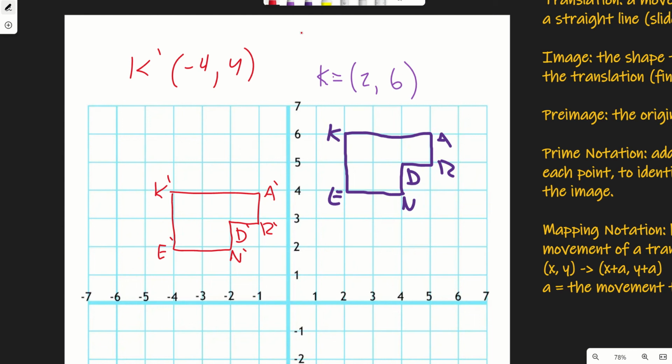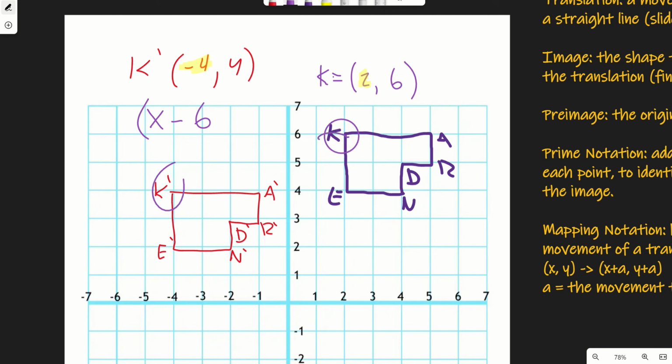So to get from these two, how do I get from my X to my other X? How can I get from 2 to -4? Well, I would do X minus 6. X minus 6 is how I get from my first X to my second X.